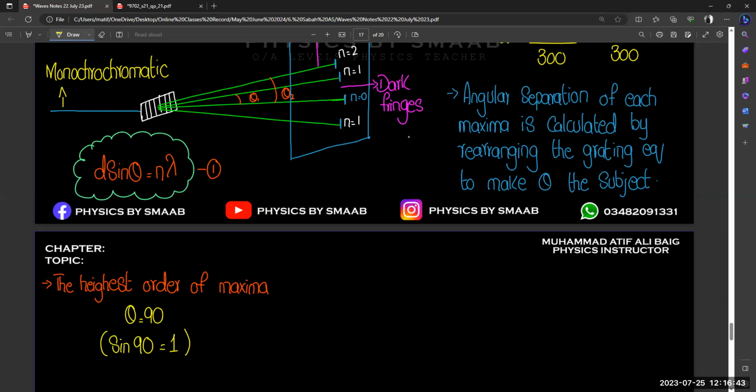And your final equation will be d equals n lambda. Okay.